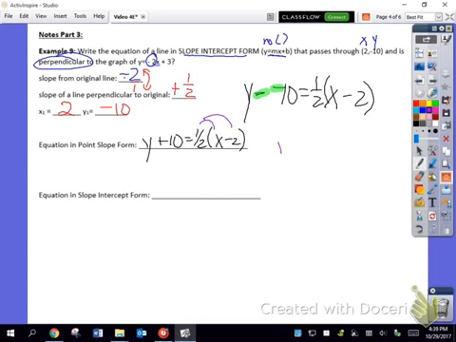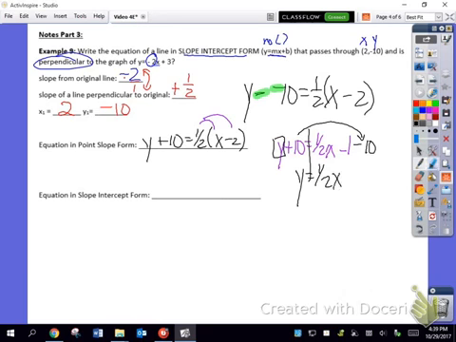So I'm going to write out to the side, y plus 10 equals 1/2 x minus 1. Then you've got to solve for y, so move your 10 to the other side, becomes a negative 10. So y equals 1/2 x, and then minus 1 minus 10 would be minus 11.